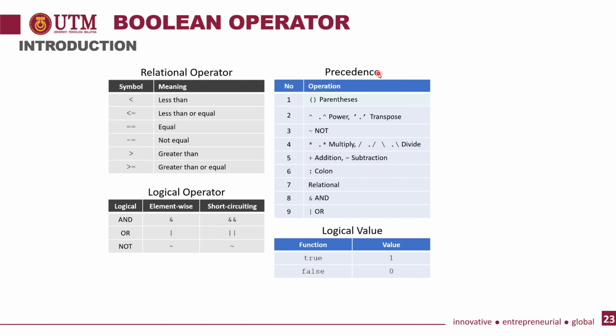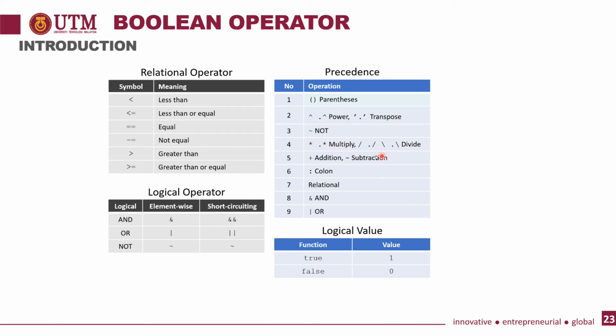And then we'll take a look at the precedence. Which statement will be computed first for Boolean operators? As usual, first is the parenthesis, next is the power or transpose. So in Boolean operations, transpose is executed at number 2. In matrix or array operations, transpose is executed first and then the parenthesis, but in Boolean the parenthesis is executed first.